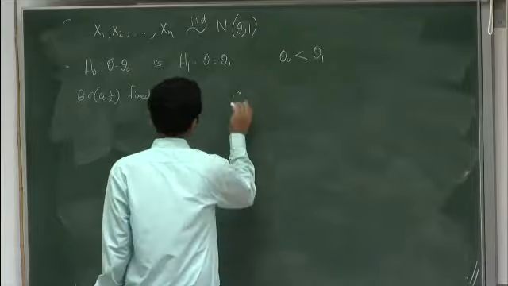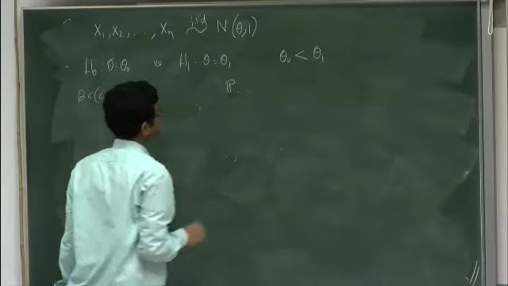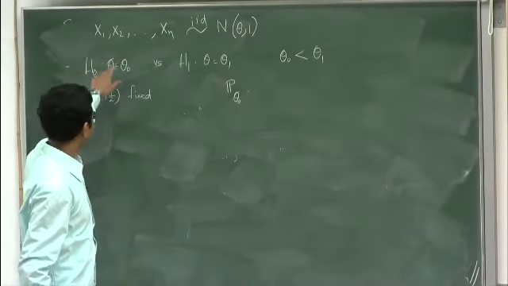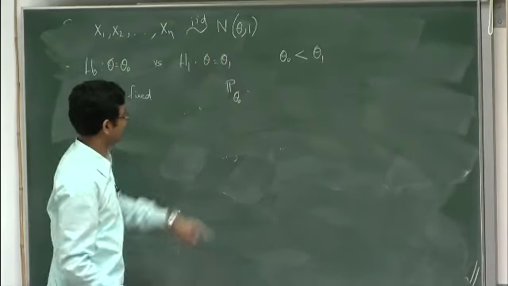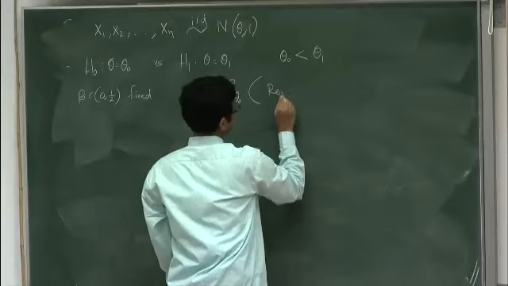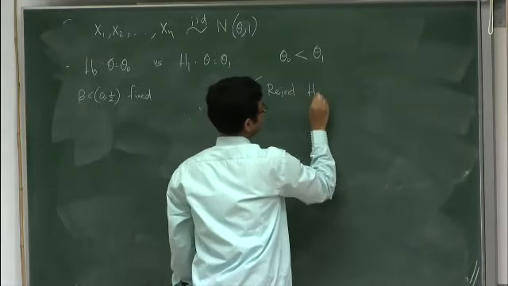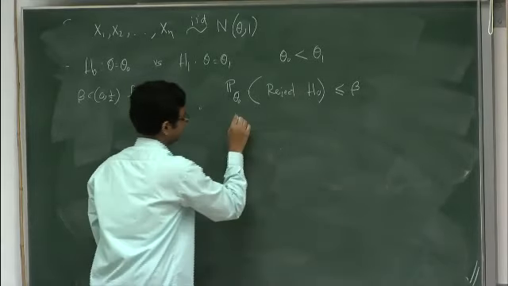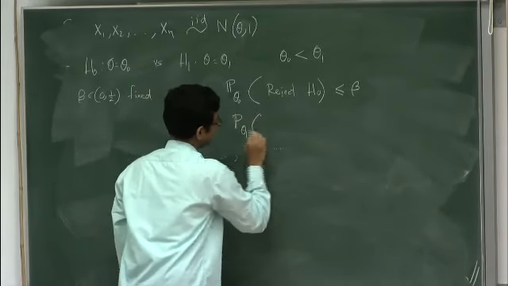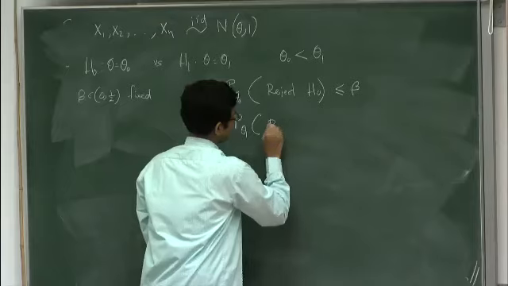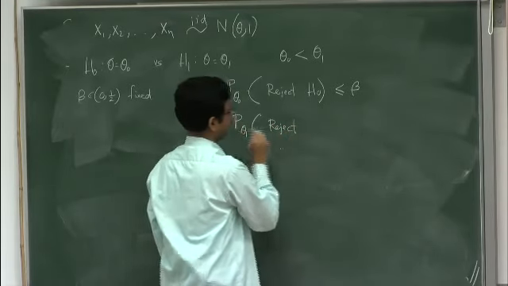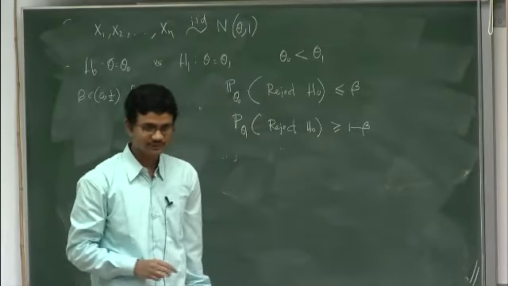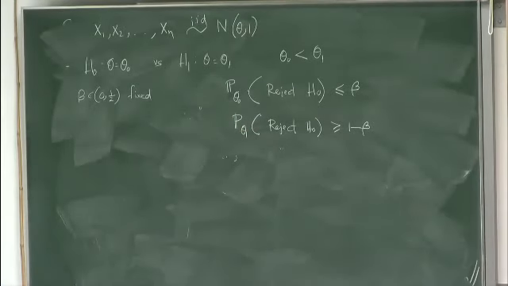So I want that whatever test I come up with, I want these two properties: that when the null hypothesis is actually true, that x1, x2, xn coming from the normal(theta naught, 1), our test rejects h naught with probability less than or equal to beta. This is called the level of significance, and under theta 1 our test rejects h naught or accepts h1 with probability at least 1 minus beta. So this is our criteria, a very standard setting.